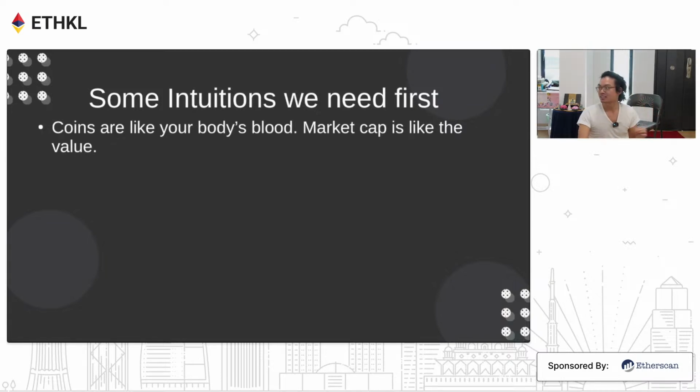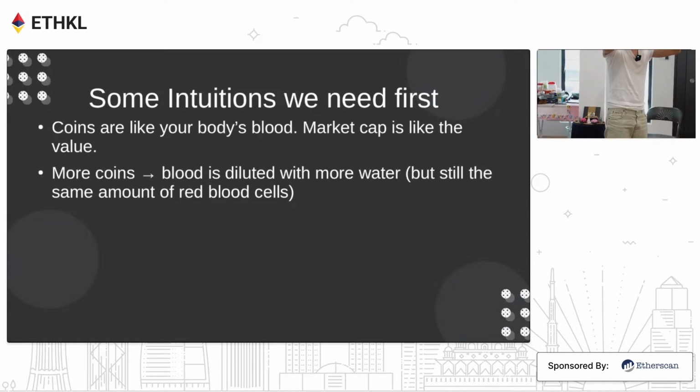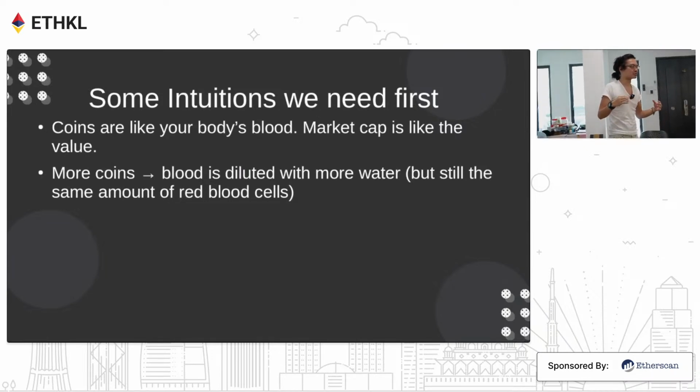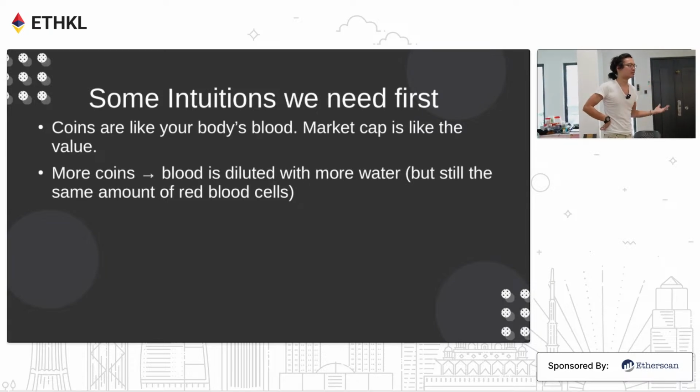Okay. And the reason I use blood is because communities, like big social organisms, are built around coins. So imagine a country. A country is like a living organism made of many humans.